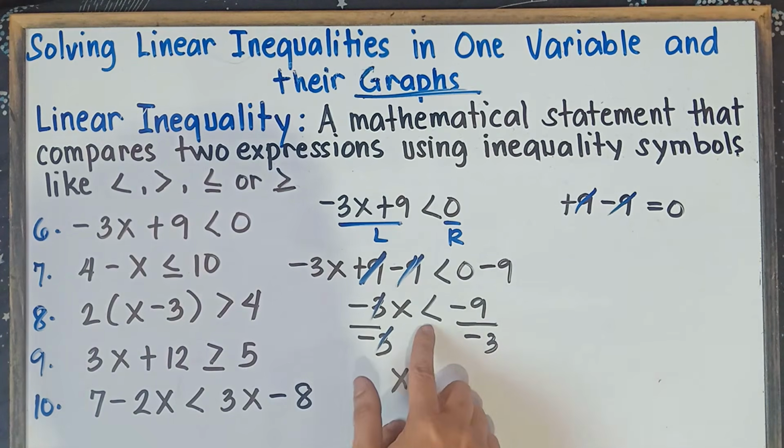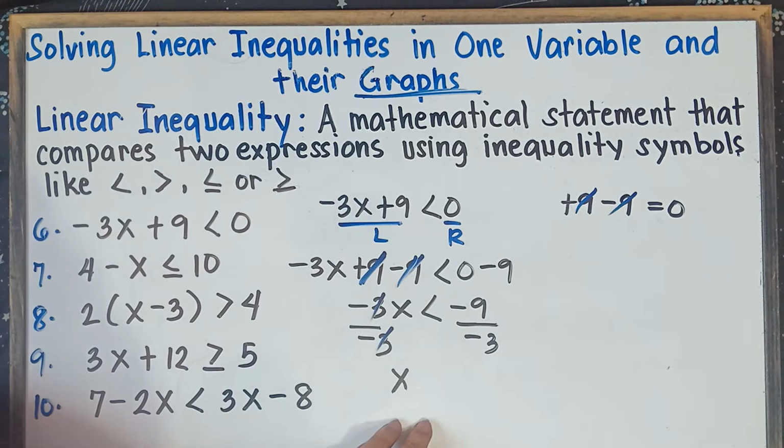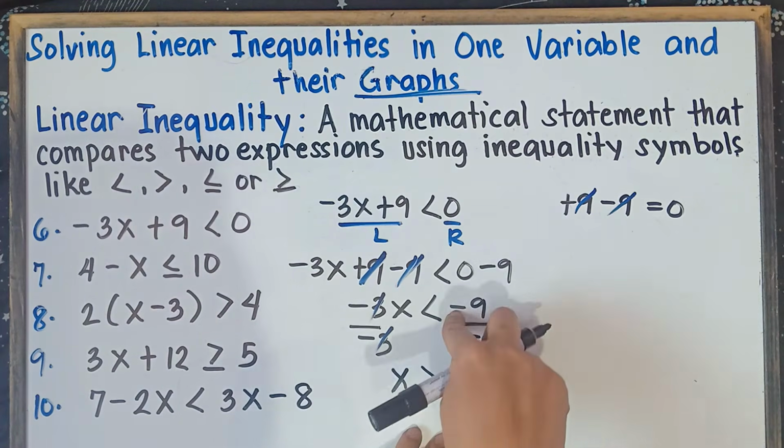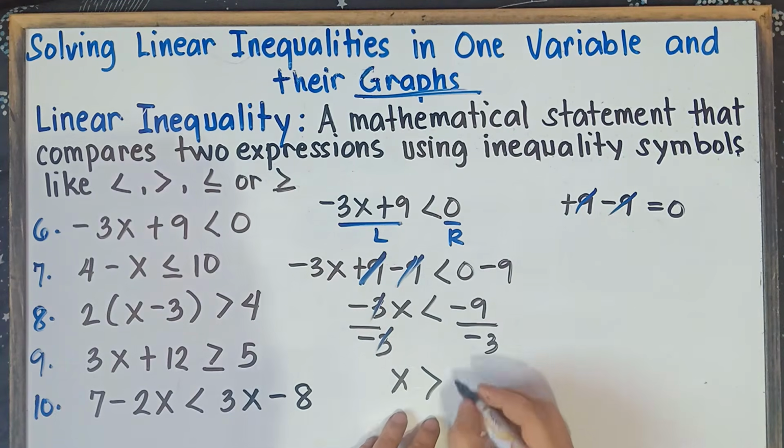Since we have less than, we change the sign into greater than. So x is greater than negative 9 divided by negative 3, that would be positive 3.